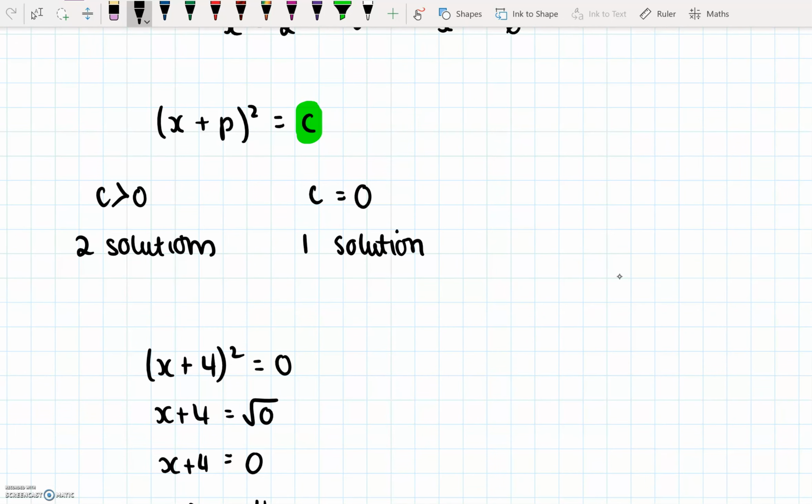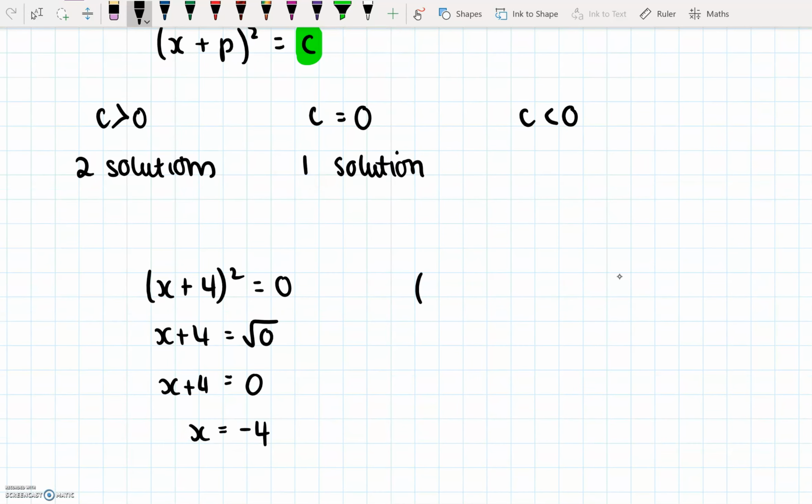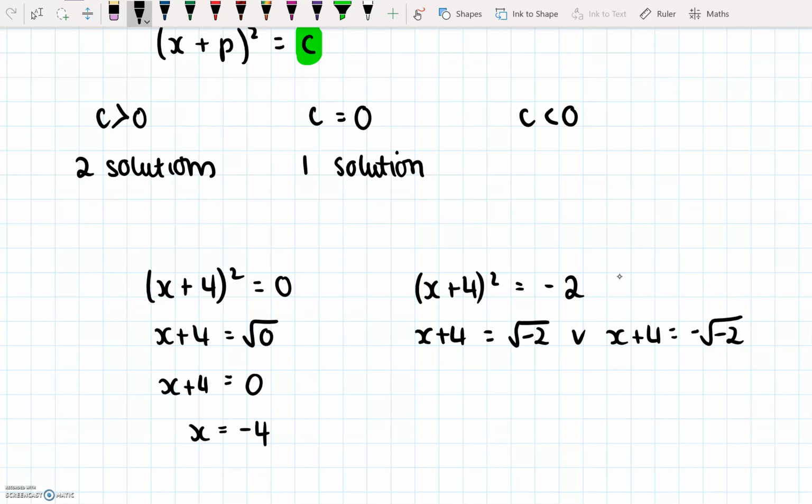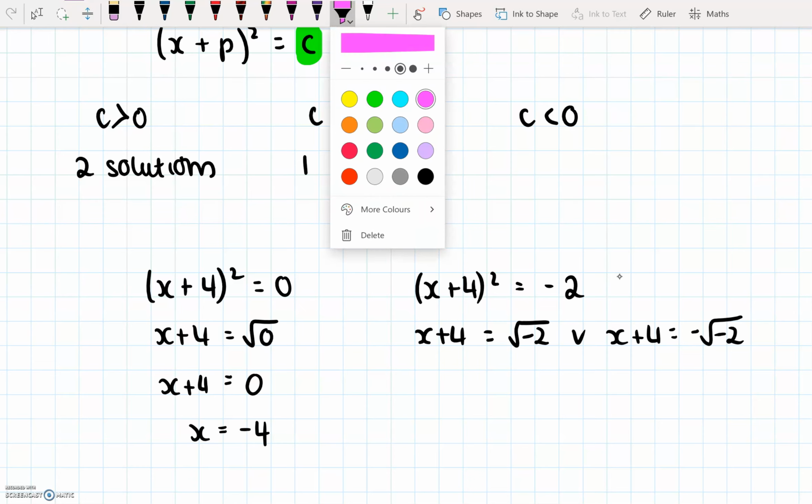The third situation is if c is less than 0, or if c is negative. Let's have a look at that. So let's go x plus 4 squared equals minus 2. Now if we do this, we get x plus 4 equals the square root of negative 2, or x plus 4 equals the negative square root of negative 2. Now hopefully you remember from last year that we can't take the square root of a negative number.